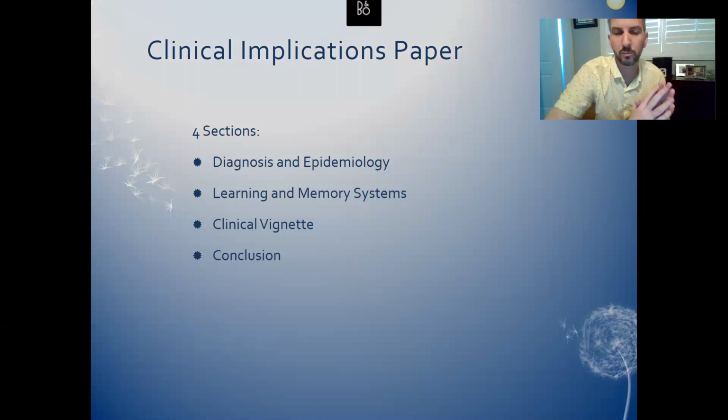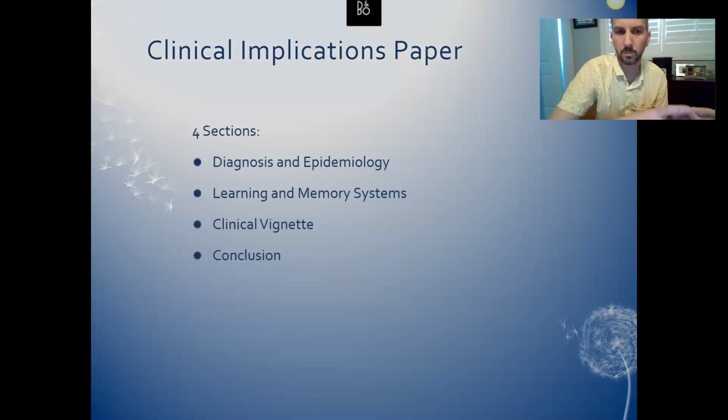Keep this pretty brief, right? Talk about like if it's an Alzheimer's disease patient, talk about how their episodic memory has been fading and is not as clear. Talk about their semantic memory and how that might still be intact.